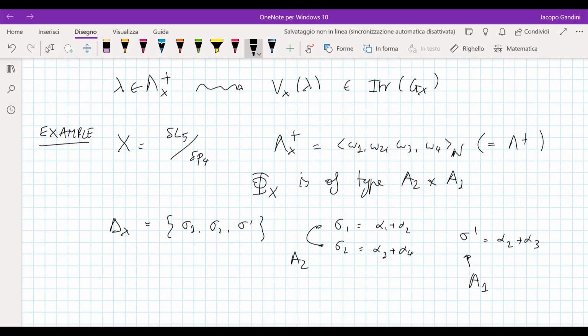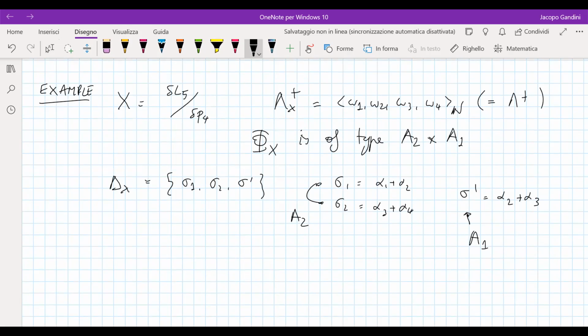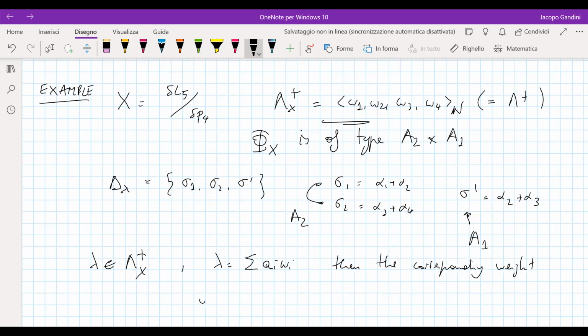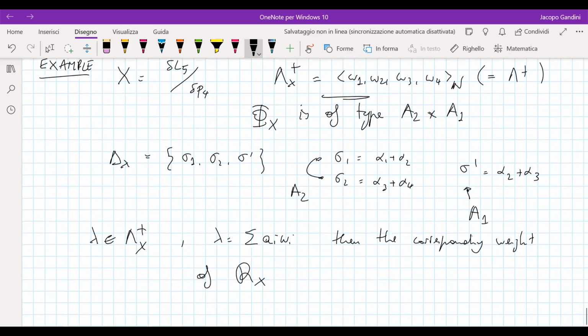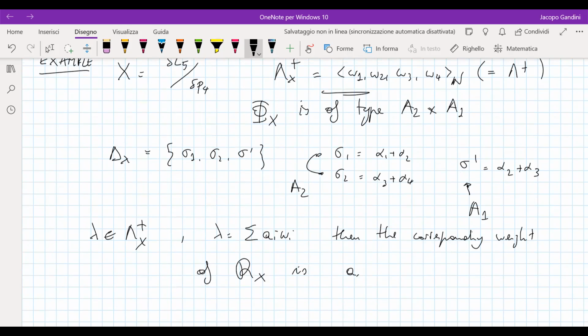Okay, and what about the map between weights? If I take lambda here, so just a weight, say lambda equal to sum of ai omega i, then the corresponding weight of the root datum is (a1 plus a2) pi1, so we will use the same notation as before, plus (a3 plus a4) pi2 plus (a2 plus a3) pi prime.